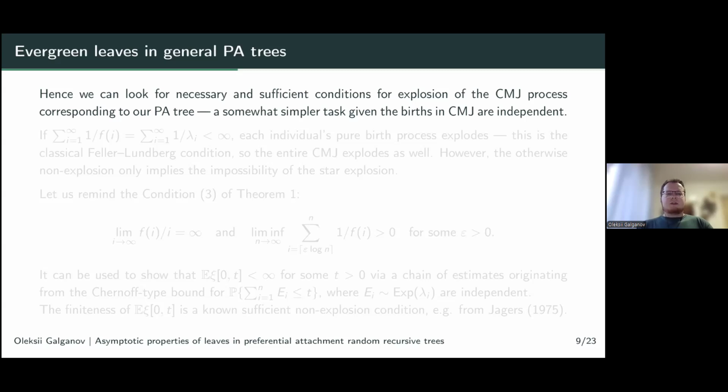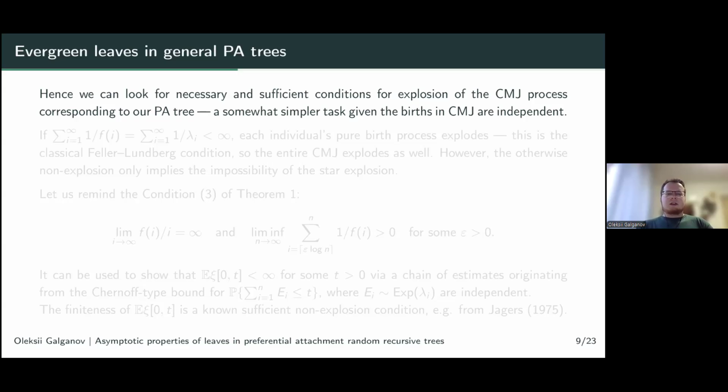It means that equivalently we can look for necessary and sufficient conditions for explosion of the CMJ process, which corresponds to our preferential attachment tree. And it's a somewhat simpler task given that the births and the CMJ are independent.